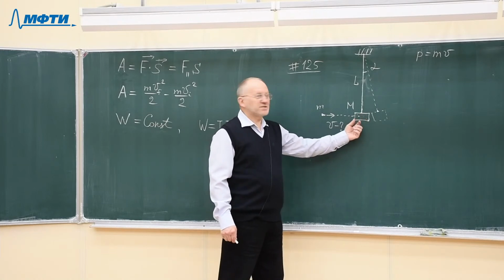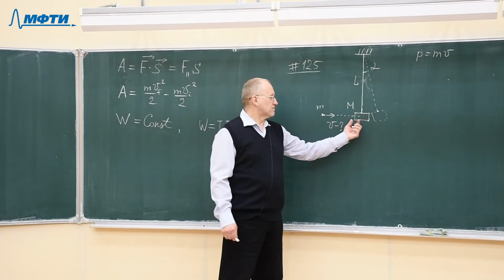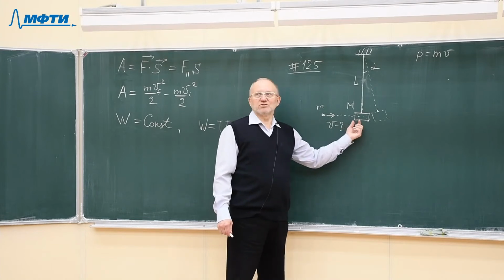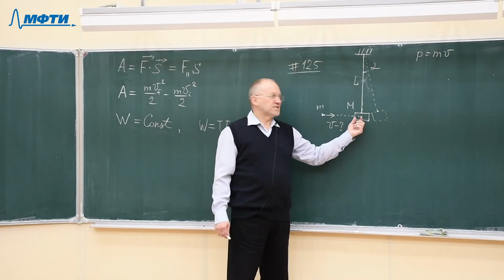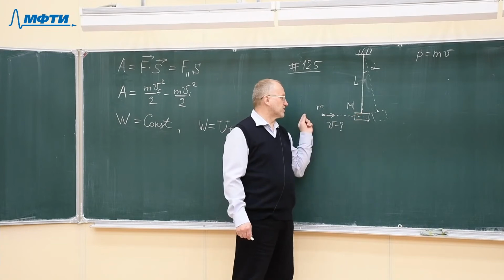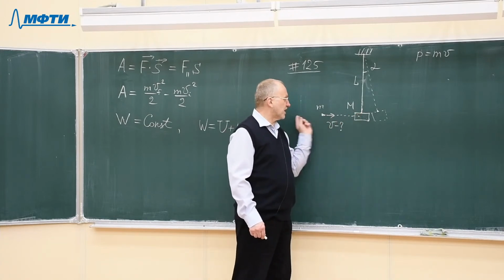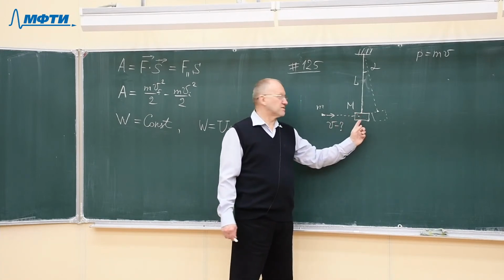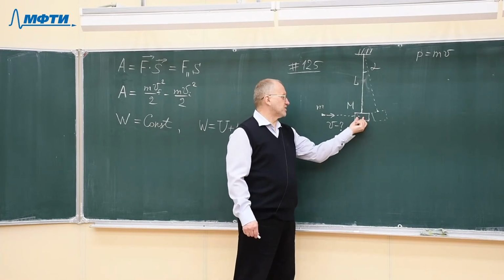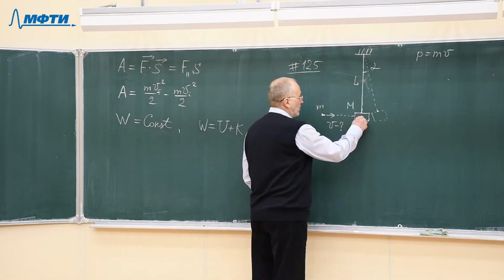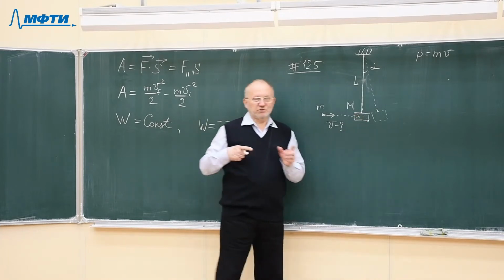This process takes very little interval of time, because the bullet flies at high velocity, hundreds of meters per second. And so when it gets stuck in this material, it penetrates the box with the sand just by a few centimeters.